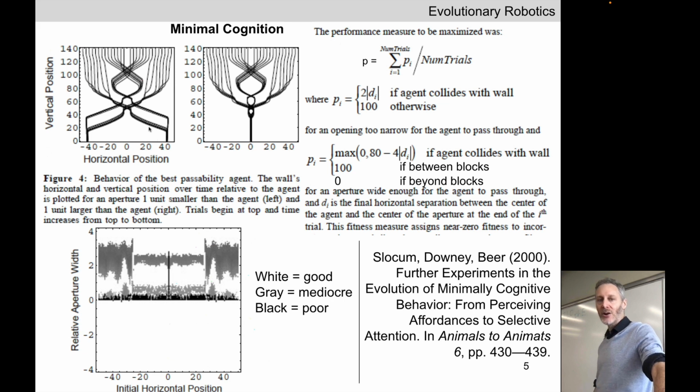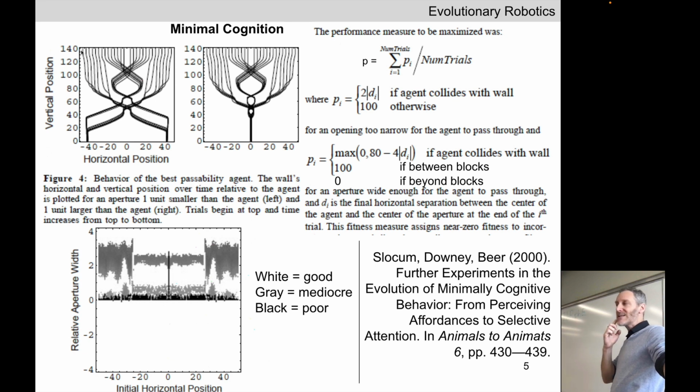This is going to be evaluating that single evolved CTRNN in a bunch of environments in which the aperture is impassable. The aperture width is narrower than the width of the robot. You'll notice that the horizontal axis here is horizontal position, and the vertical axis is vertical position. So it takes a little bit to see how to read this figure.